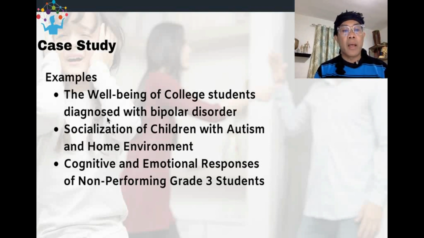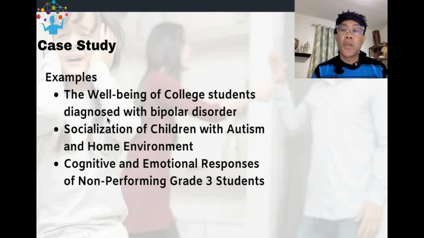And then the last one is the cognitive and emotional responses of non-performing grade 3 students. So you will be observing grade 3 students who are non-performing, and you're going to look into the cognitive aspect and the emotional aspect of children who were evaluated as non-performing.